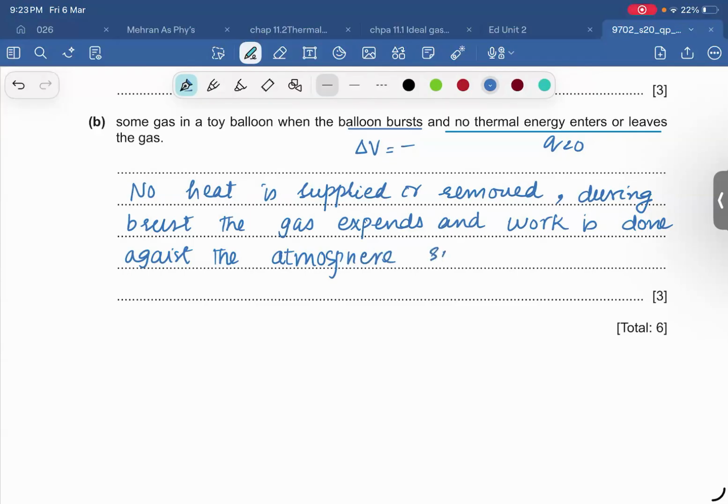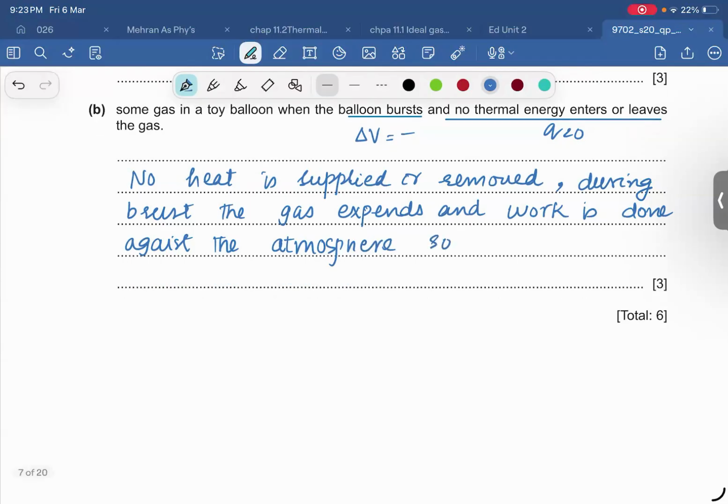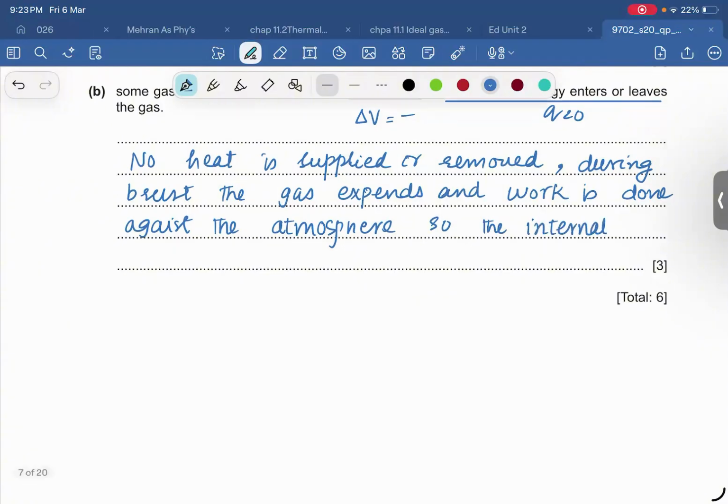Okay, so the internal energy decreases, right? Clear?